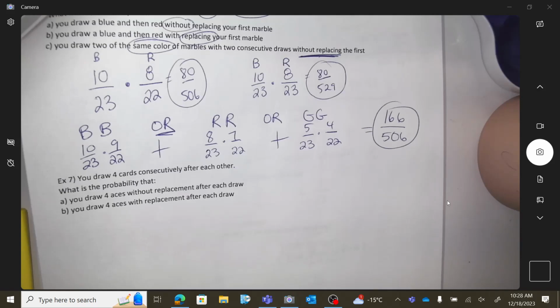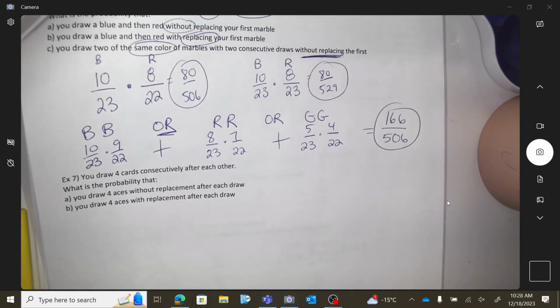Okay, always be thinking about what are the scenarios, what's happening, thinking like that.